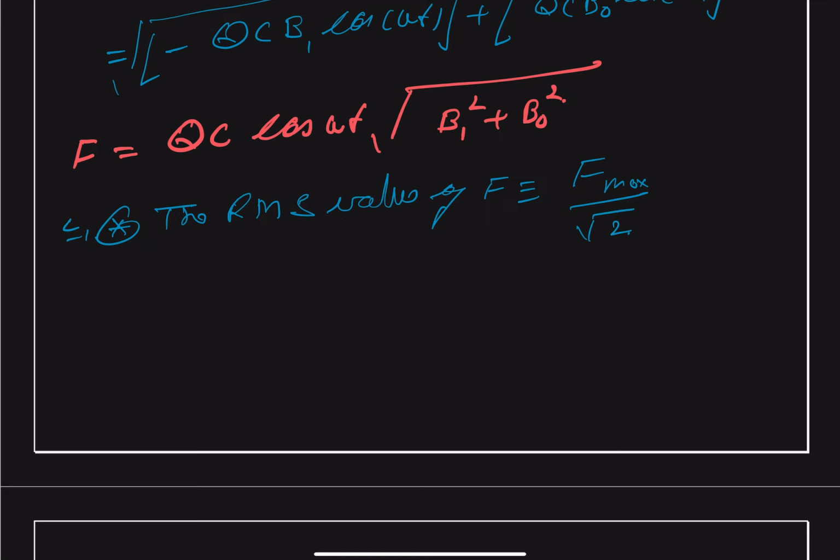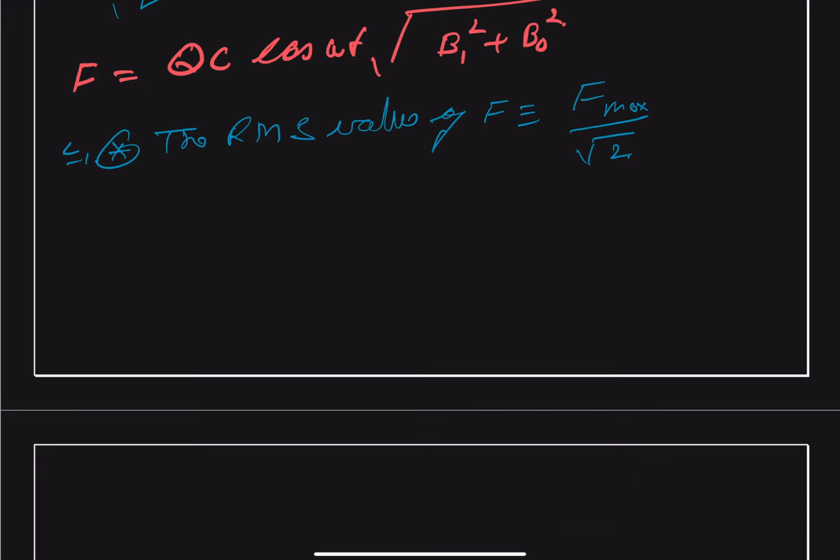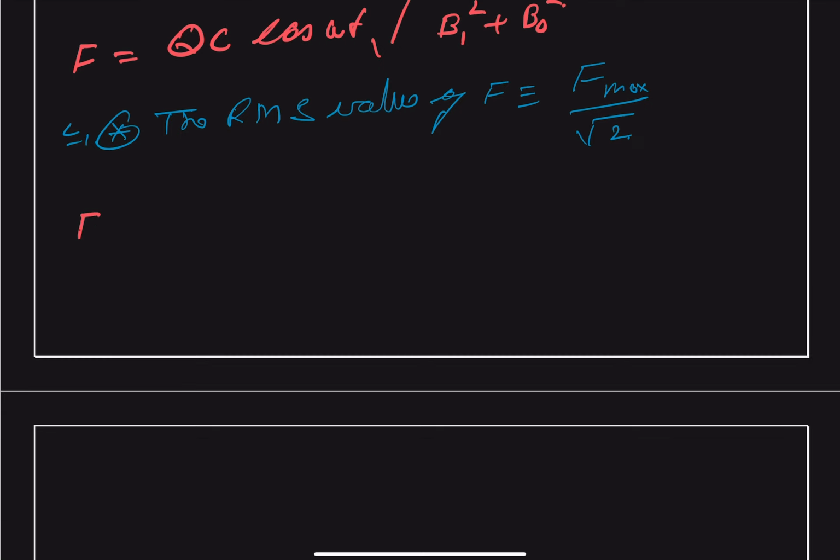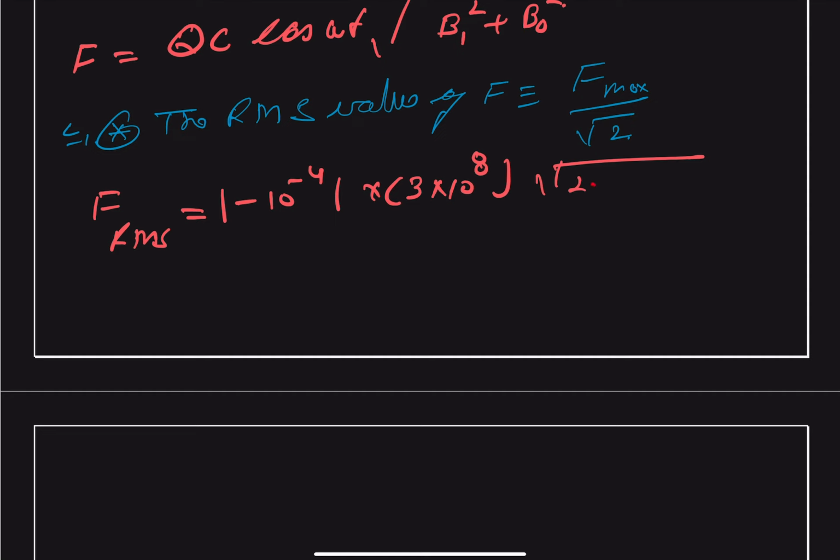We substitute the values, we get F RMS will be equal to minus 10 raised to the power minus 4, multiplied by 3 into 10 raised to the power 8, and then the square root of 2 into 10 raised to the power minus 6 whole square plus 3 into 10 raised to the power minus 5 whole square, and divide by square root of 2.